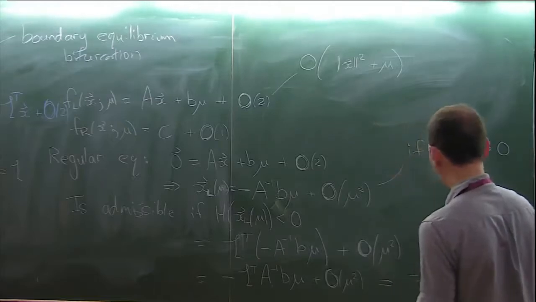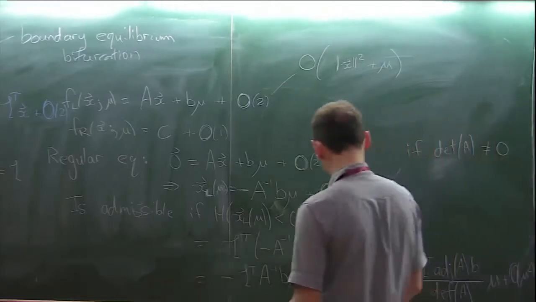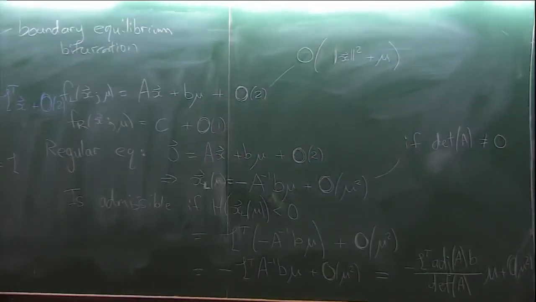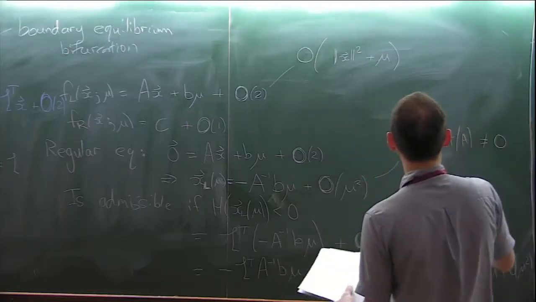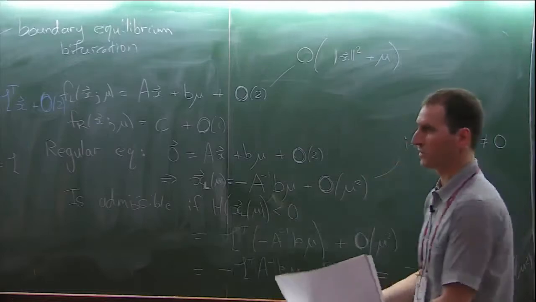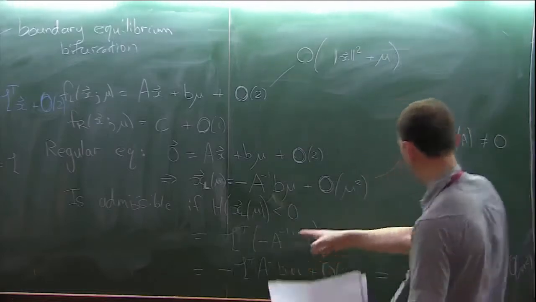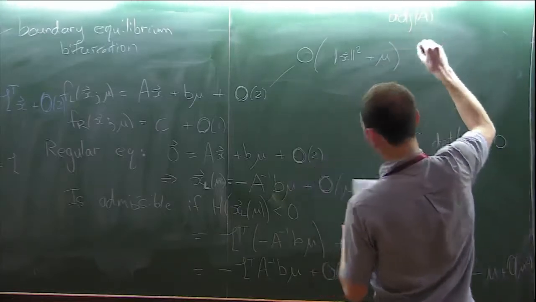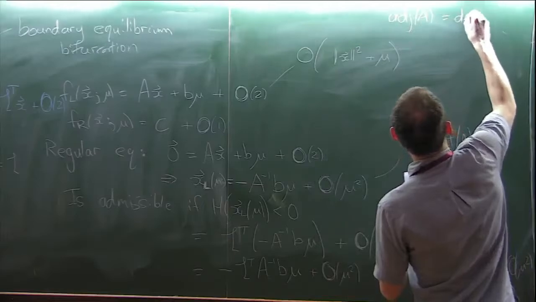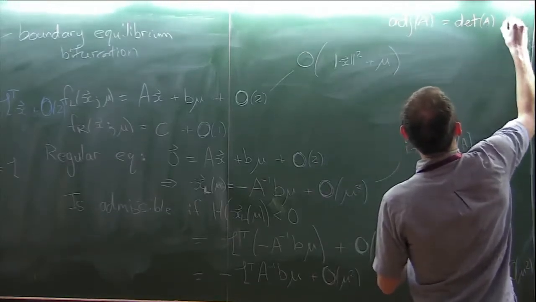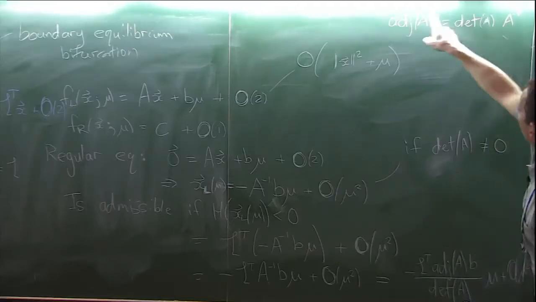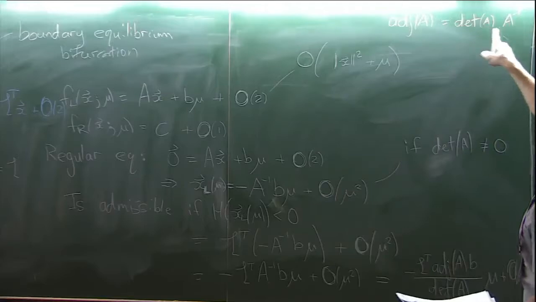If you don't know what the adjugate of a matrix is, you might have encountered it in undergraduate linear algebra when you were learning about inverses. If a matrix is invertible, then A inverse is the adjugate divided by the determinant. So the adjugate is the determinant times the inverse. Unfortunately, this equation only works if A is invertible.